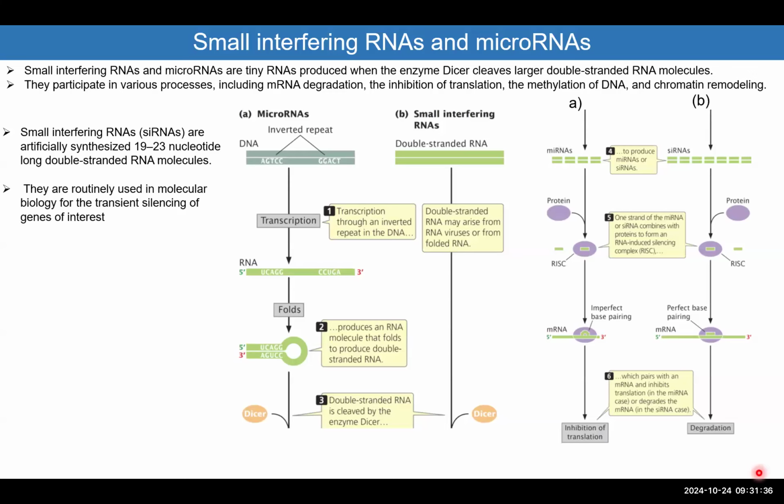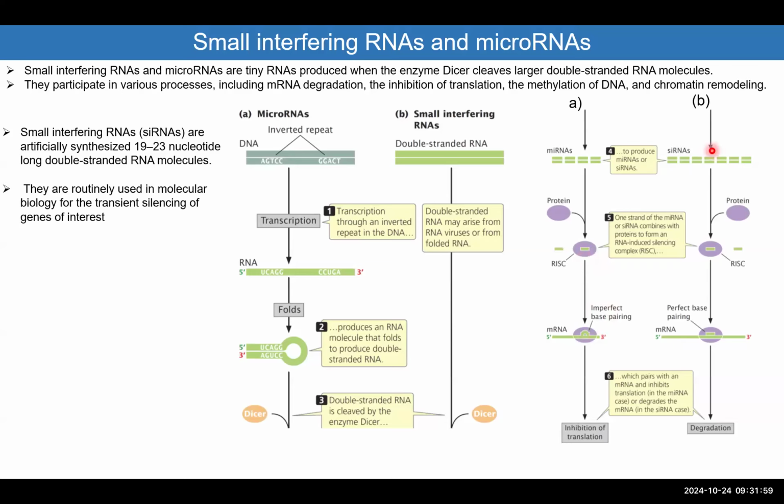Now, how we choose which target we get is very important, because when you have the microRNA that is bound to the protein, this has a particular sequence. Therefore, it will recognize genes that have complementarity to that particular sequence. And the same thing here.